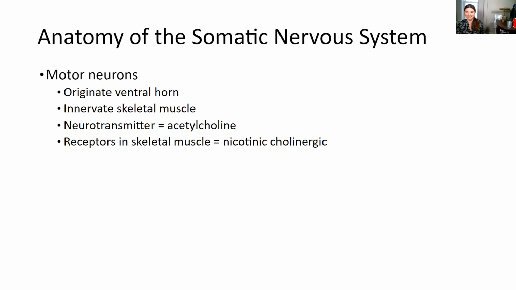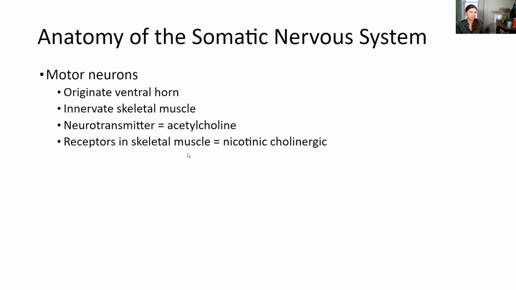So when in doubt, honestly, pick acetylcholine. It is the more common neurotransmitter involved in these systems. Okay. So our receptors in skeletal muscle, we're going to have cholinergic receptors because cholinergic receptors receive acetylcholine. Okay, so if our nerves are giving off acetylcholine, we have to receive acetylcholine.